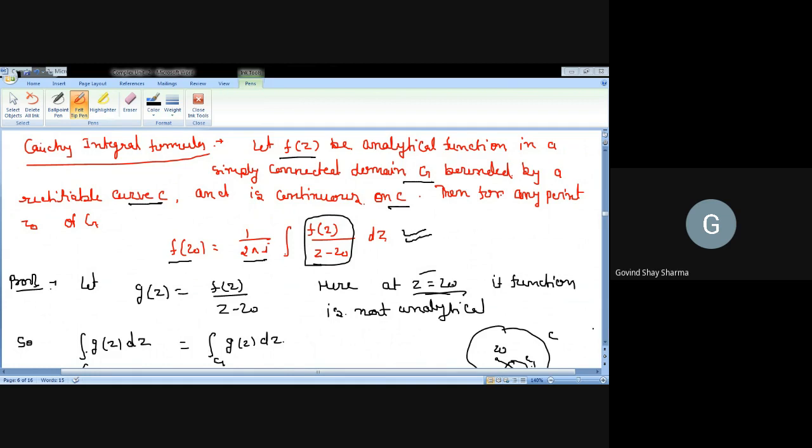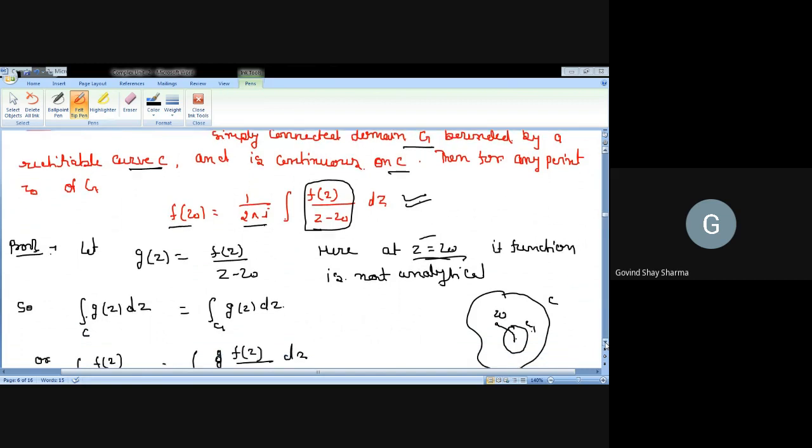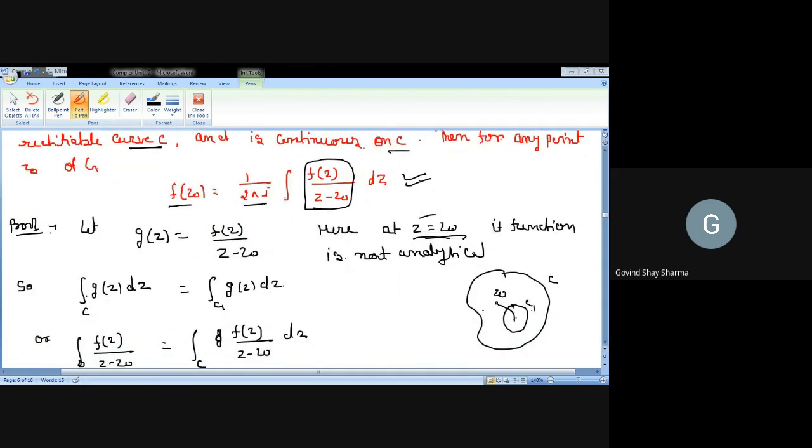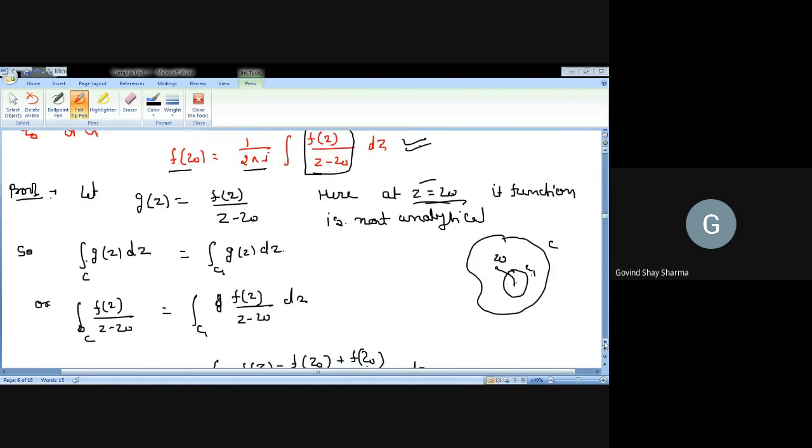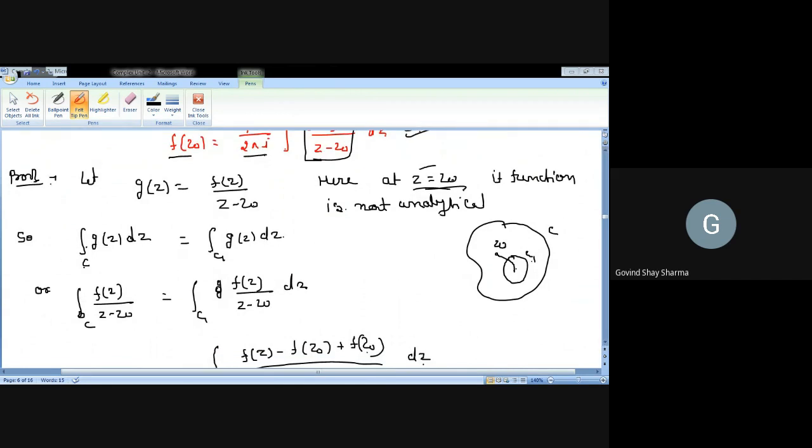So here we assume this integrand is over dz. And we make another circle inside the given region, which also satisfies the same condition.